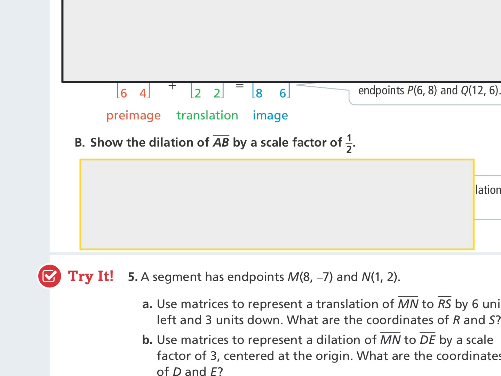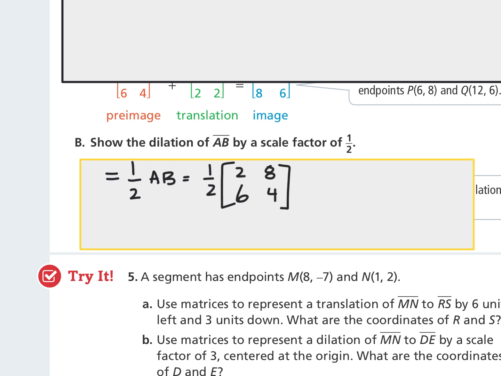All right, and lastly, talking about dilation. So dilation by a scale factor of 1/2, that should make you think about scalar multiplication. So I'm going to do 1/2 times the matrix 2, 6, 8, 4.